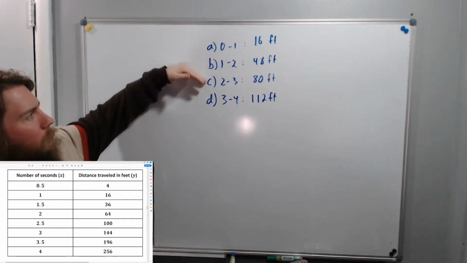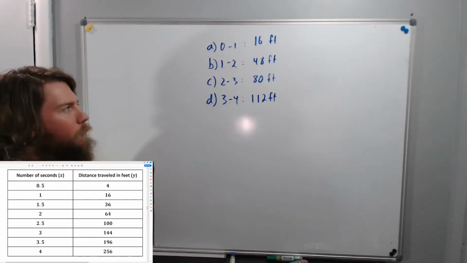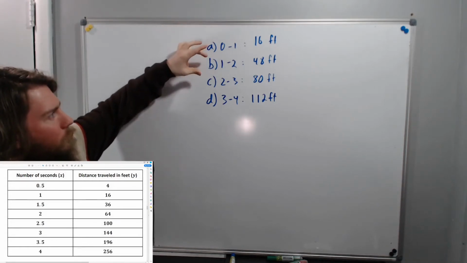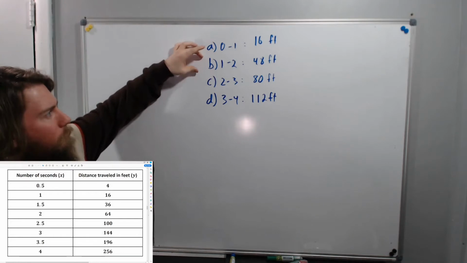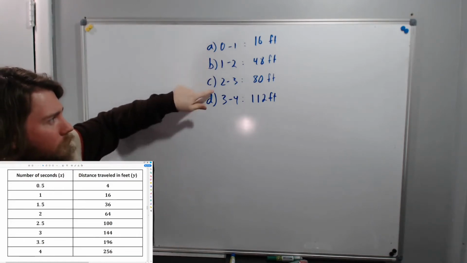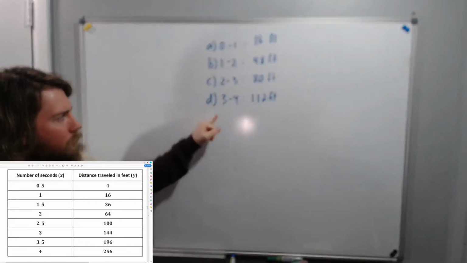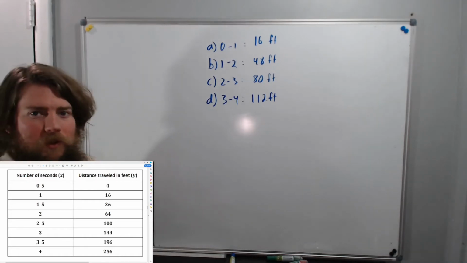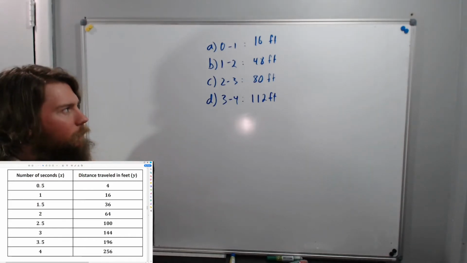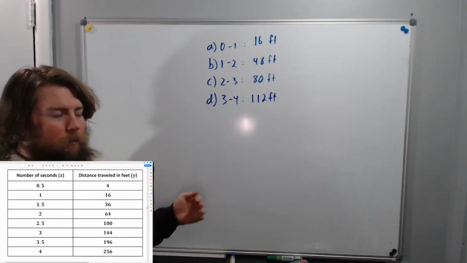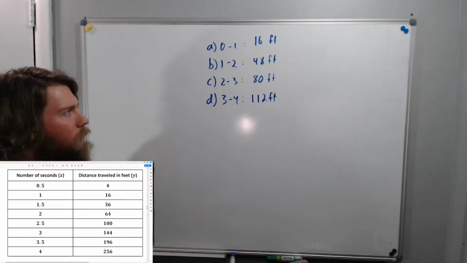As time progressed, it started going faster and faster. We went 16 feet in the first second, but we traveled a whole 48 feet in the second. We actually traveled 80 feet in this second and 112 feet in the last second. While all of these time intervals are the same length, they're all 1 second long, since the stone is picking up speed, it's actually going farther in these later time intervals.